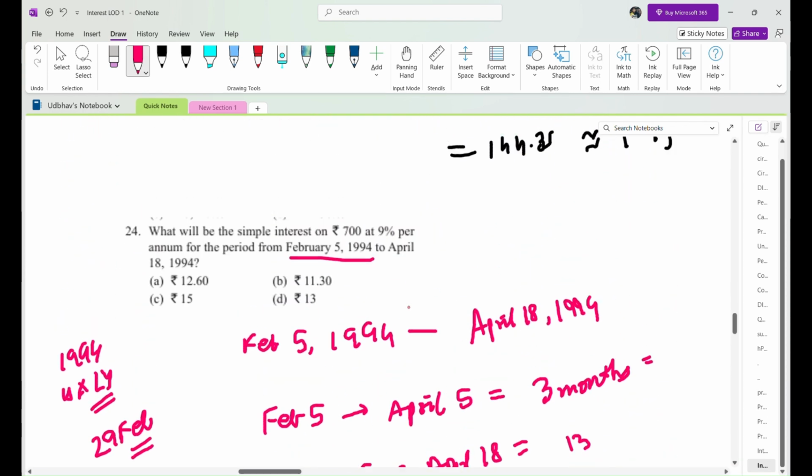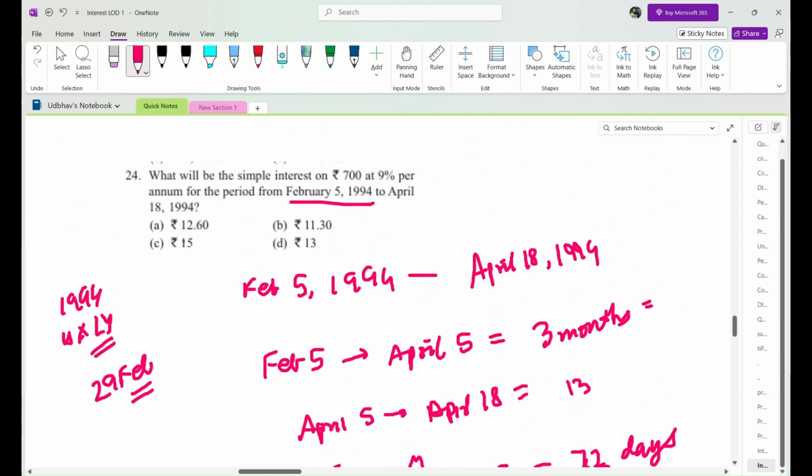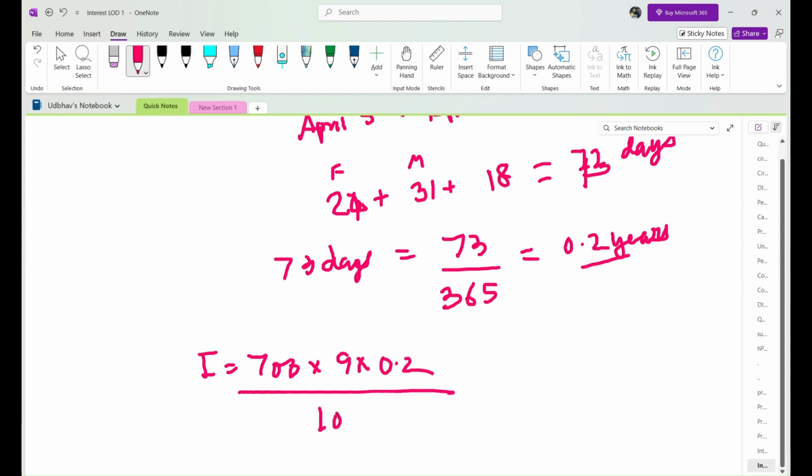So we got the time period as 0.2 years, and we can now put in what will be the simple interest. Principal is 700, 9% per annum. So interest is 700 into 9% per annum for 0.2 years.